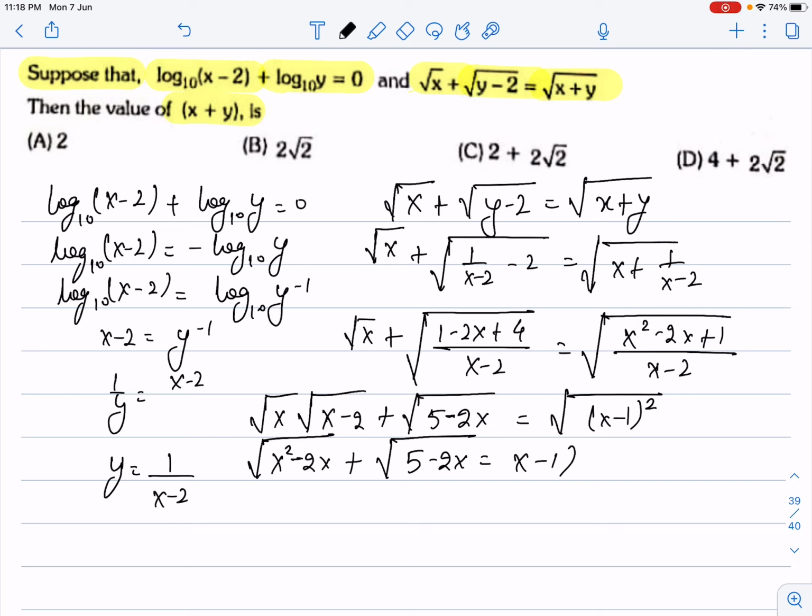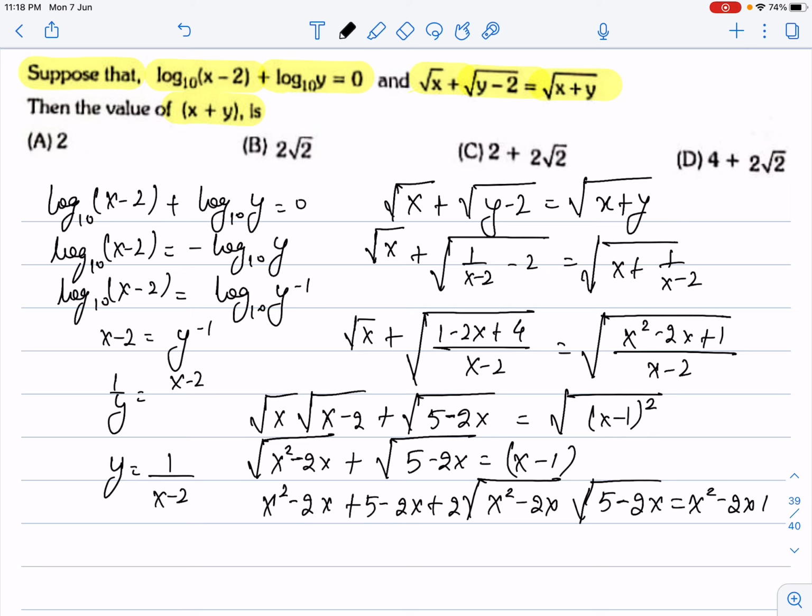Now squaring on both the sides we get x square minus 2x plus 5 minus 2x plus 2 times the root over (x square minus 2x) multiplied by root over (5 minus 2x) is equal to x square minus 2x plus 1.